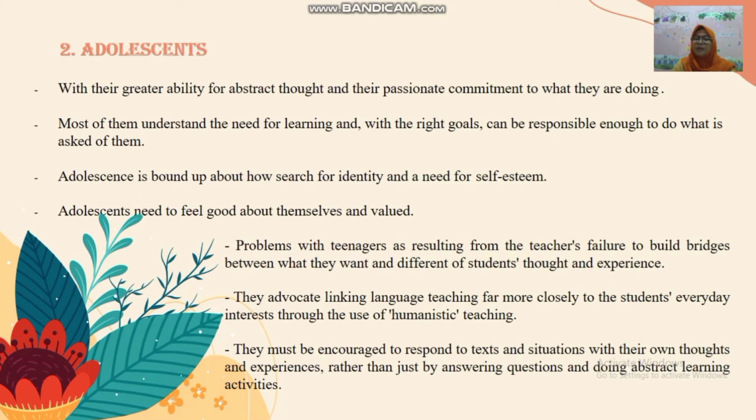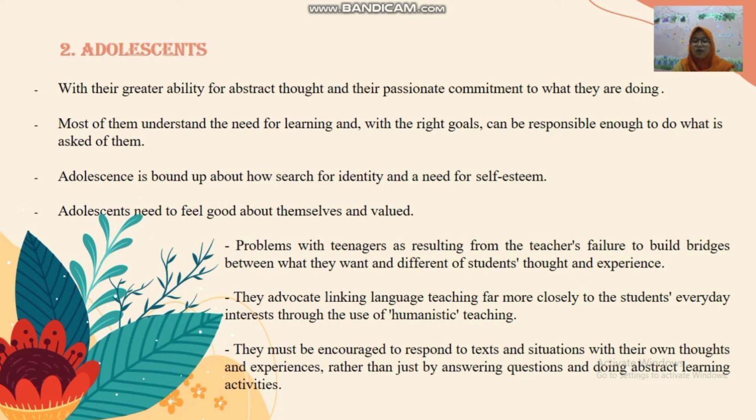Adolescence is about the search for identity and the need for self-esteem. And then adolescents need to feel good about themselves and valued. Problems with teenagers result from the teacher's failure to build a bridge between what they want and the difference in student thought and experience.